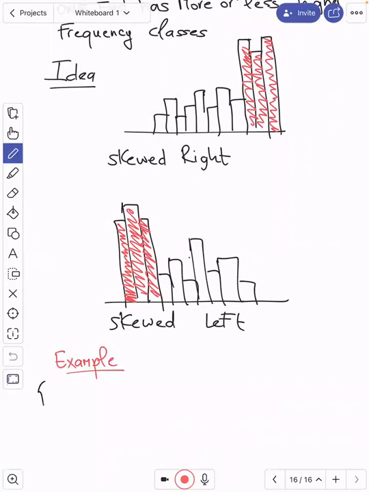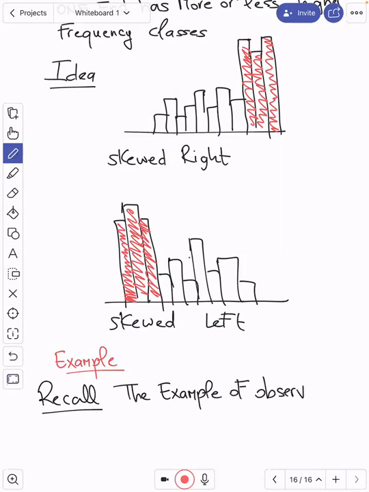We drew the histogram of the observed car speeds on the highway.